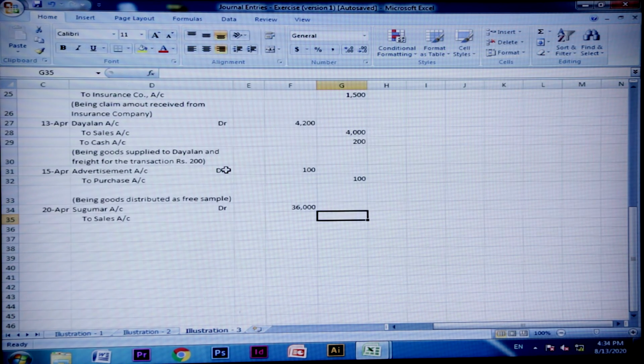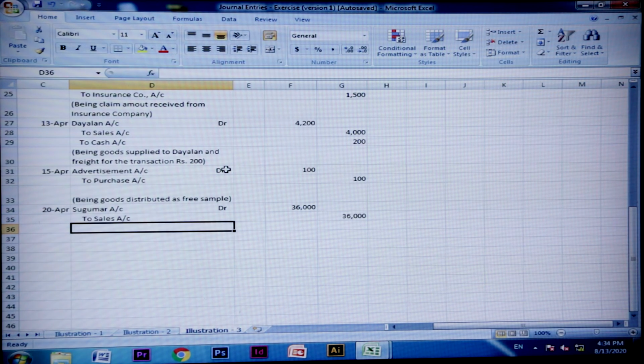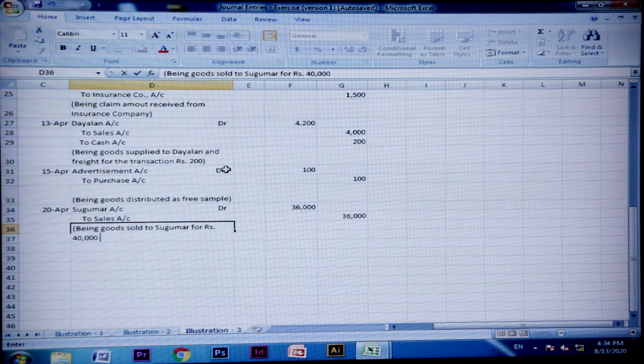As it is a sale of goods, we have to credit the sale account. The narration is being goods sold to Sugumar for rupees 40,000 less trade discount at 10%.